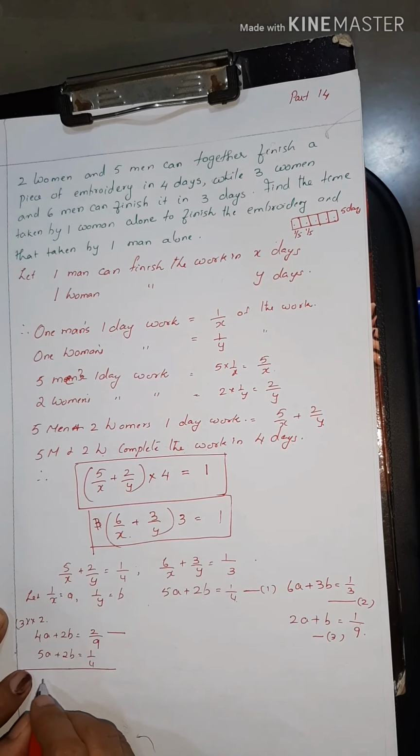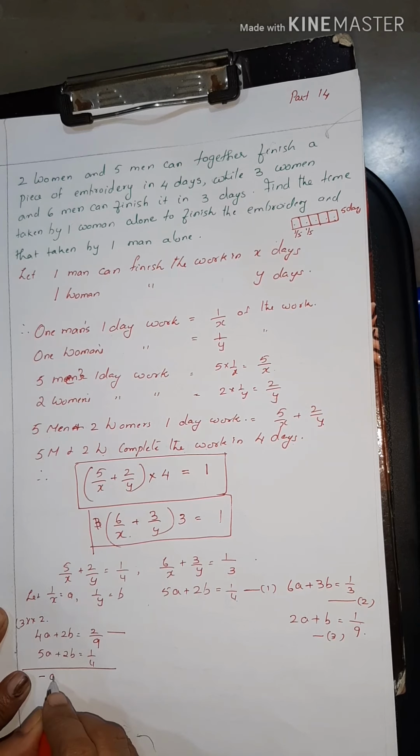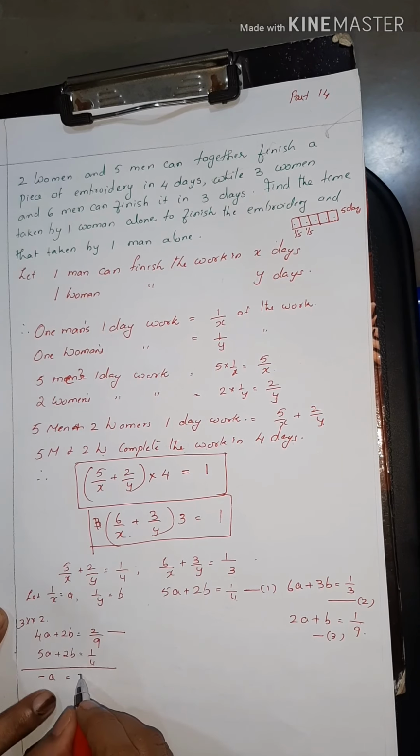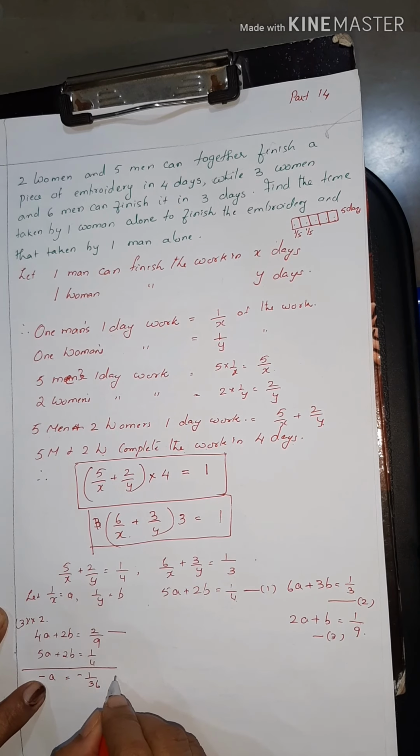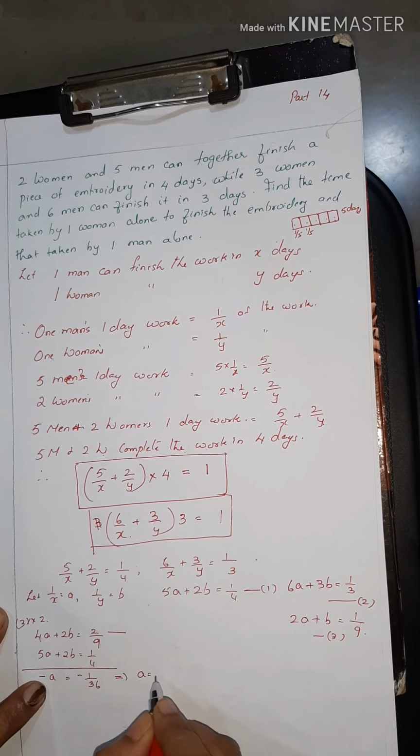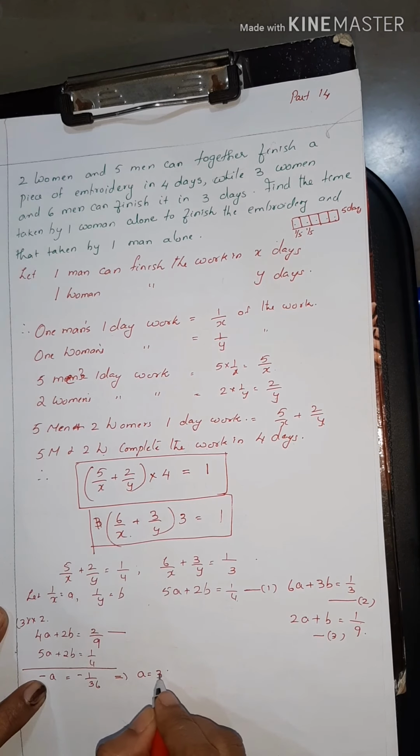Subtracting, minus a is equal to minus 1 by 36. So a is equal to 1 by 36.